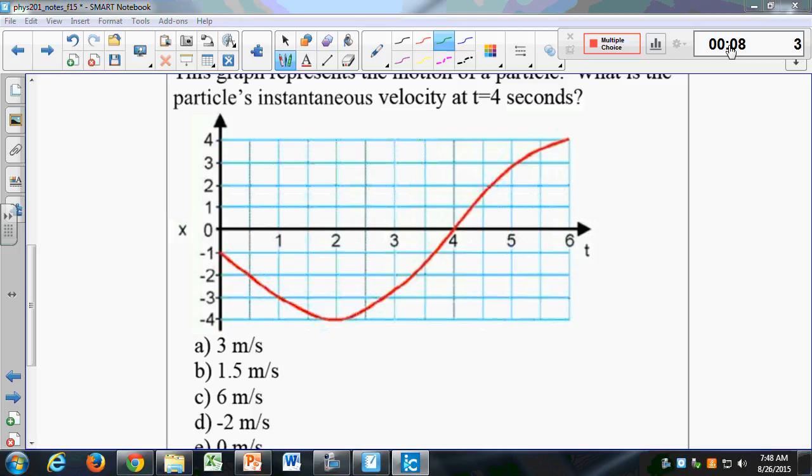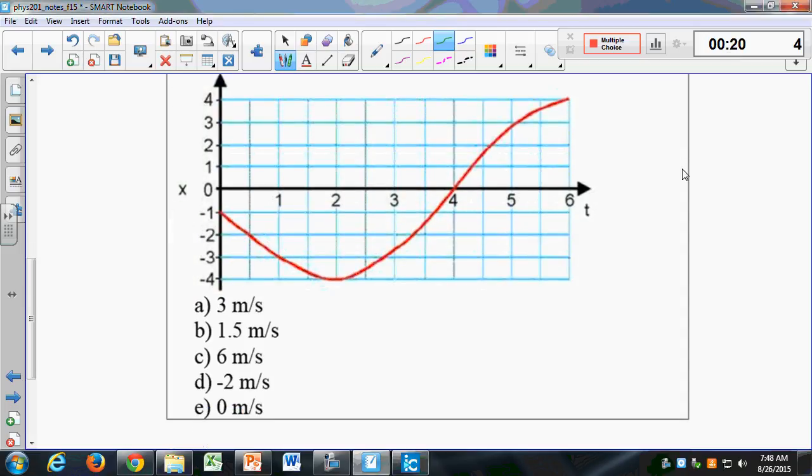But here I just have the graph of the function. So you want to estimate the tangent line to that graph at this point, and then find the slope of that tangent line.